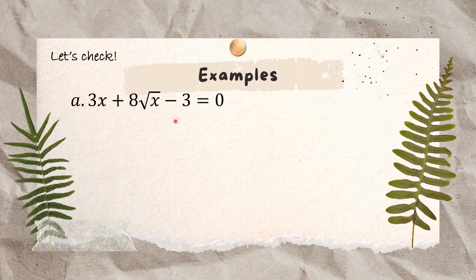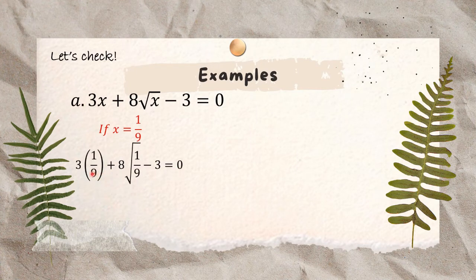And if we're going to check the values of x that we get po, we have x is equal to 1 over 9. Let's substitute po to this equation here. We have 3 times 1 over 9 plus 8 times the square root of 1 over 9 minus 3 is equal to 0. And 3 times 1 over 9 is 3 over 9, plus 8 times the square root of 1 over 9, which is 1/3, minus 3 is equal to 0.